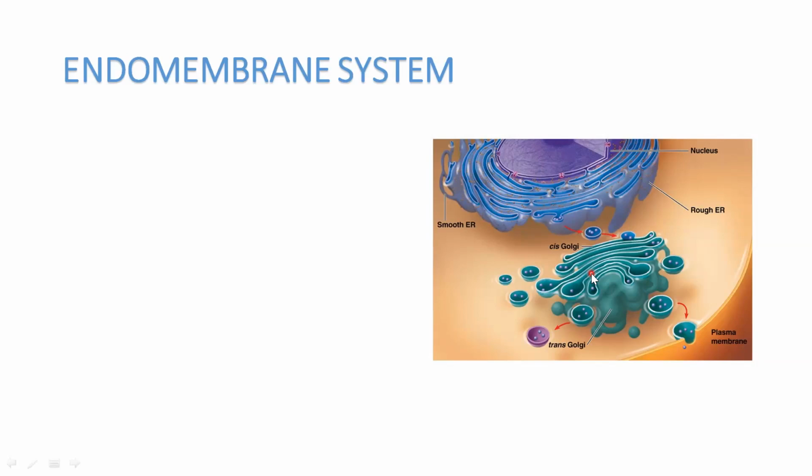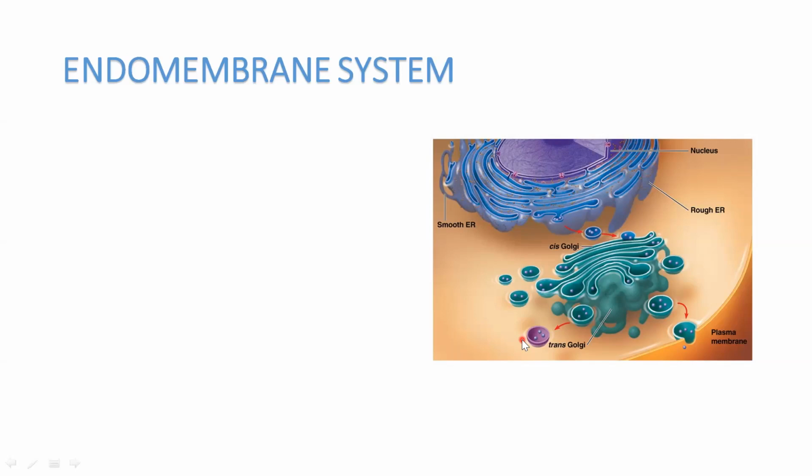Then the glycoprotein will be sent to its functional location, whether it is the cell membrane or any other cell organelle. If it finds the protein is non-functional, it will send it to the lysosomes, where the lysosomes will break this protein molecule into amino acids.